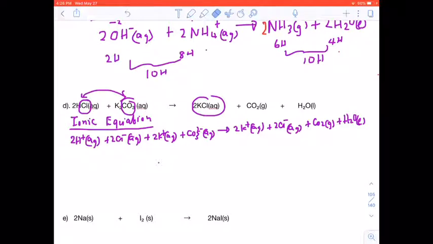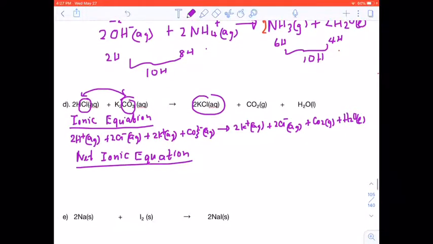So there we have that overall, but if we want the net ionic equation, what's the net ionic equation in this situation?